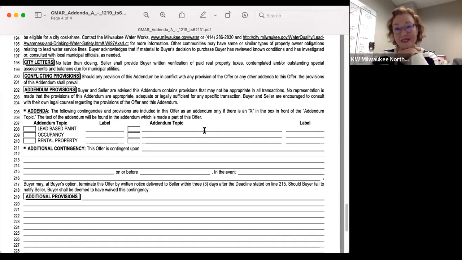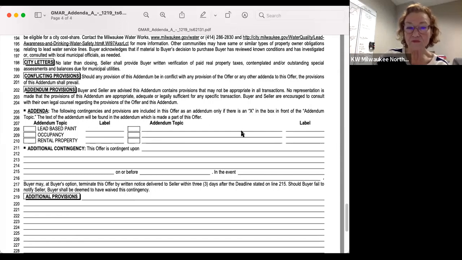All right, so I said there's a lot to pack into Addendum A, a lot to consider when you use it to attach to your offer, and this is how you attach it. So it is made part of the offer, and if you're attaching any of these other addendums, lead-based paint, the Addendum O, the Addendum R, or any additional topics, name them and mark the box.